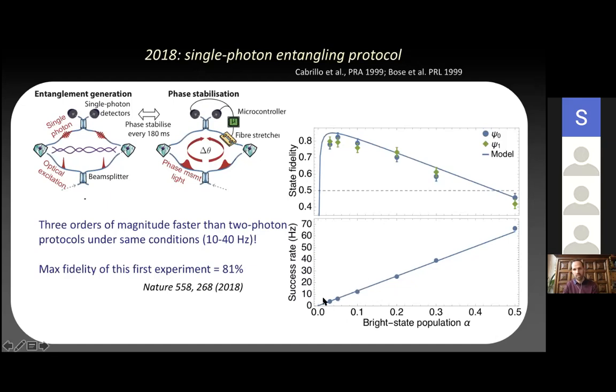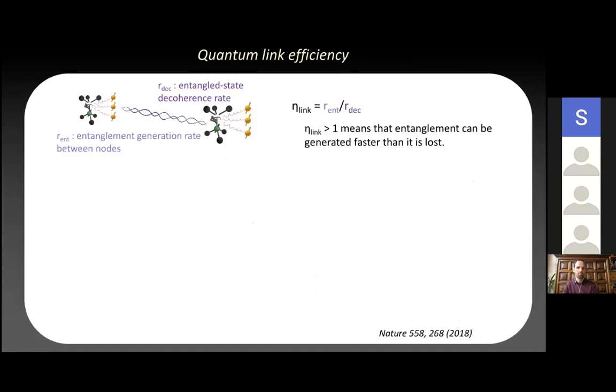But the rates are now in tens of hertz. So many orders of magnitude faster than what we had before. And this brings us into a new regime, because if we now compare the entangled state generation, like how fast can I make entanglement, to the decoherence rate at the nodes, you can define the ratio of these, which we call quantum link efficiency.